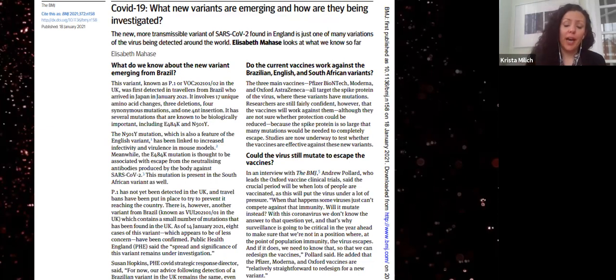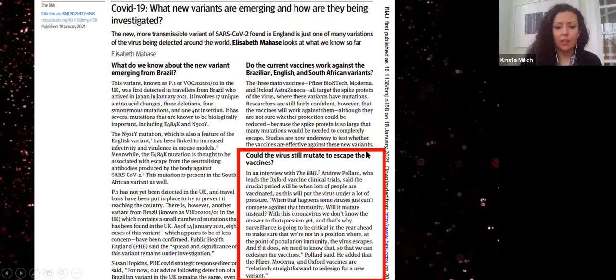And so similar to what I said about being careful to make sure you continue practicing safe behaviors, there was this article in the British Medical Journal from the 18th of January, in which it says, in an interview with Andrew Pollard, who leads the Oxford vaccine clinical trials, the crucial period will be when lots of people are vaccinated, as this will put the virus under a lot of pressure. So that pressure is selective pressure, right?